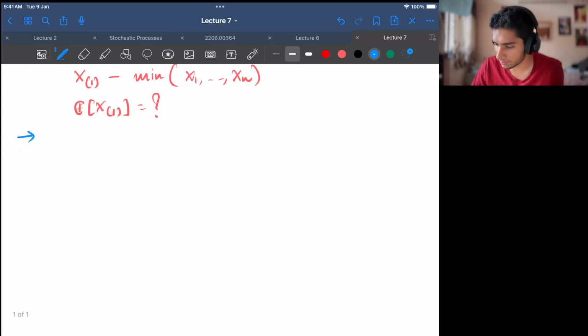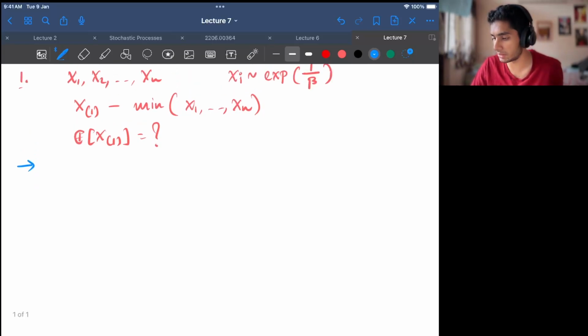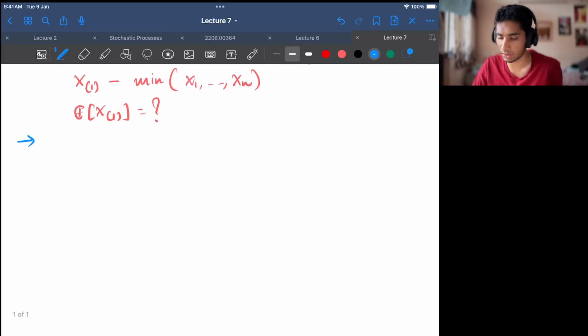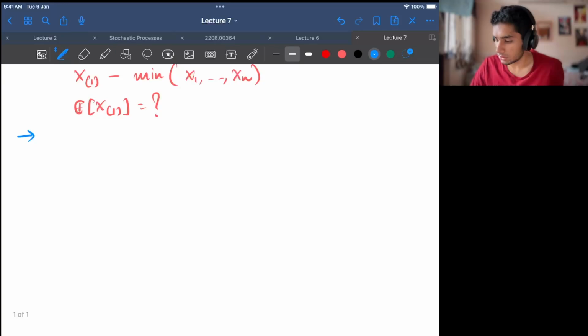Nonetheless, the procedure is nothing different. It might look very scary at times, but it's not that scary. So maybe you should think about whether you can find the distribution of this random variable and then look at the expectation. So let's look at the distribution.